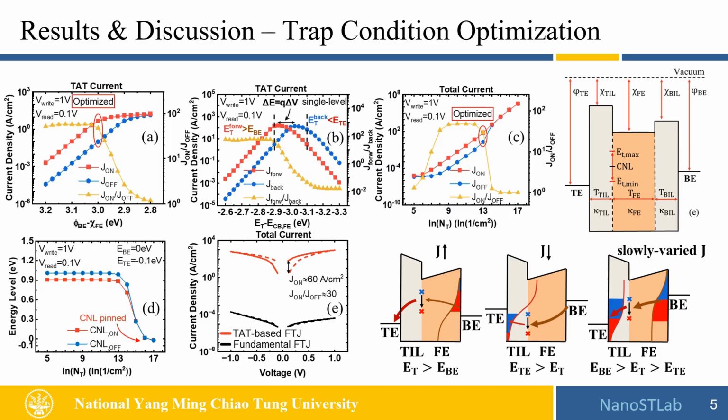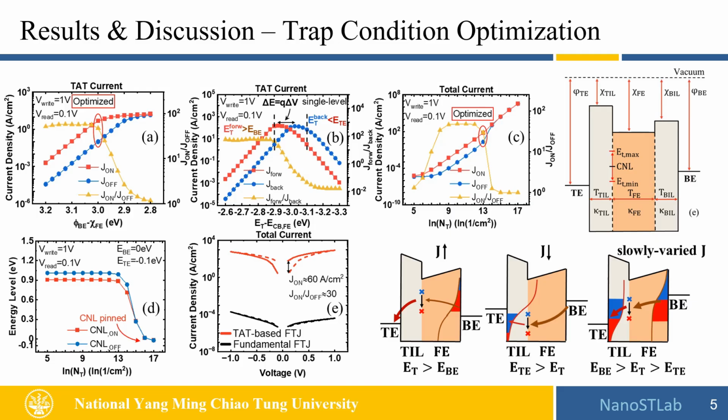This is a pretty significant result. You can see here in figure E that the TAT-based FTJ exhibits significantly advanced performance over the fundamental FTJ.